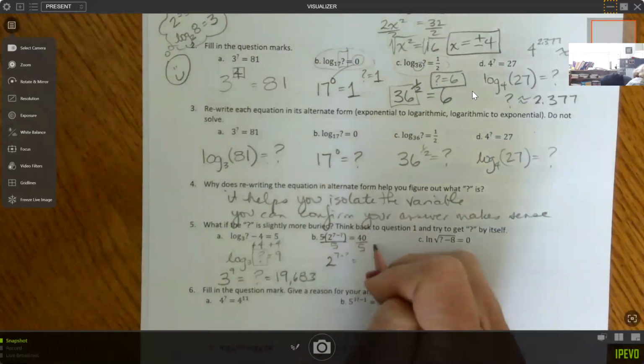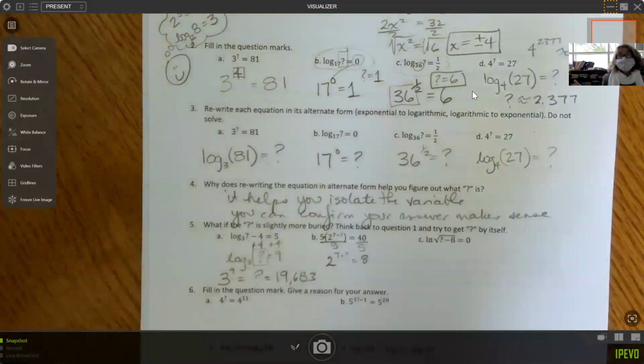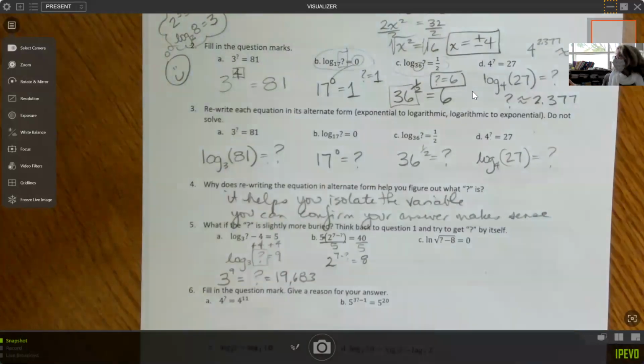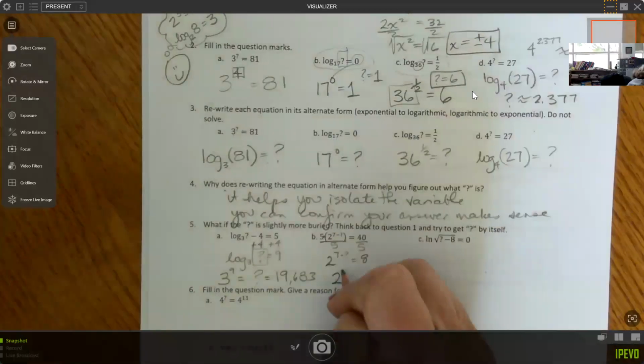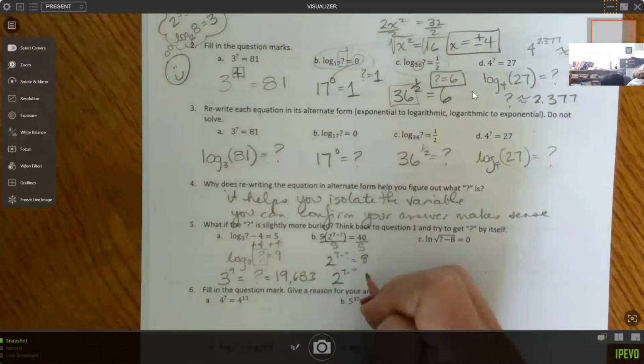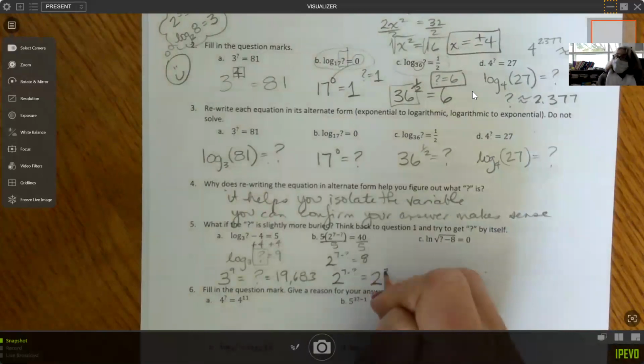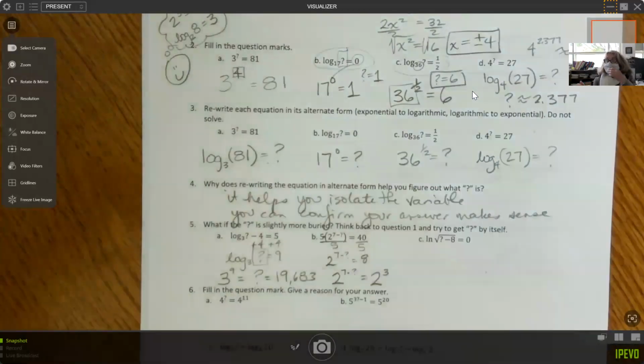equals 8. Okay, what am I going to do to the 8 so that this is easier to figure out? How can I rewrite my 8? 2 cubed, right? Because then I'd have 2 to the 7 minus something equals 2 cubed. If the bases match and they're equal, now I get to just pull out that exponent part, right?